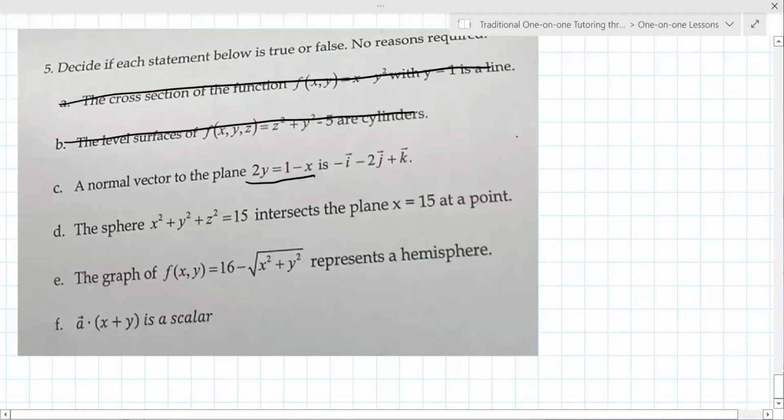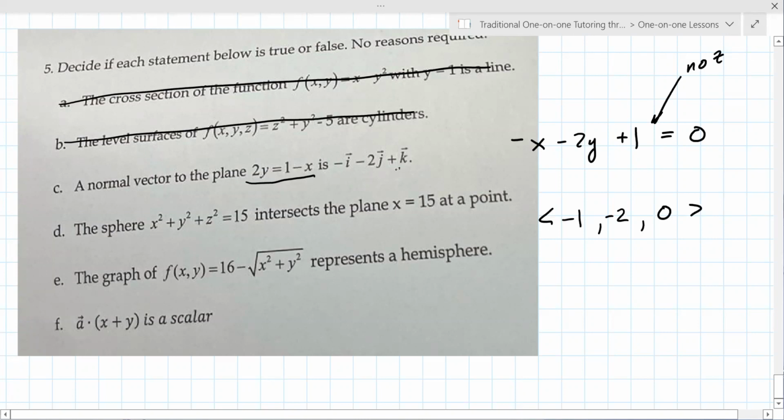It's minus x minus 2y plus 1 equals 0. So what is the normal vector to this? It is minus 1, minus 2, 0. There is no z here. But see how it's really close to that? It makes you think, oh, it must be. So that's obviously false.